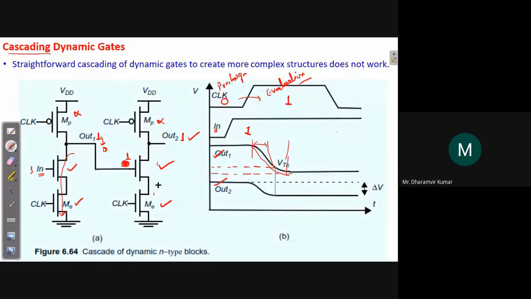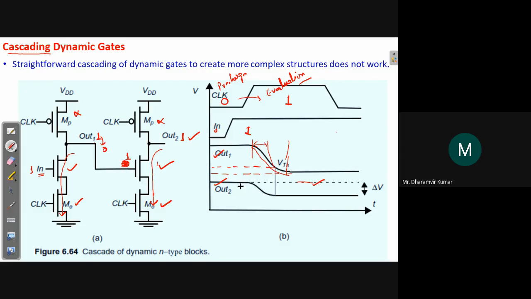So what impact does this have on the value of output 2? In that small duration the output 2 would try to discharge from high to low. Look at this, output 2 needs to be 1. We wanted this level for output 2, but due to this effect it is losing some charge in that small time window.